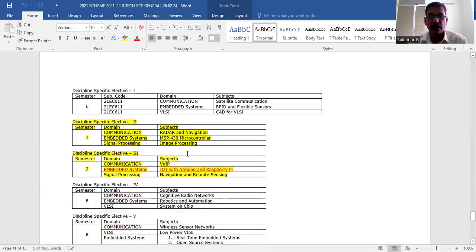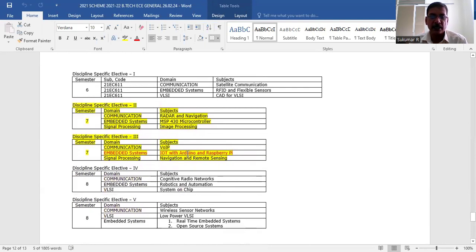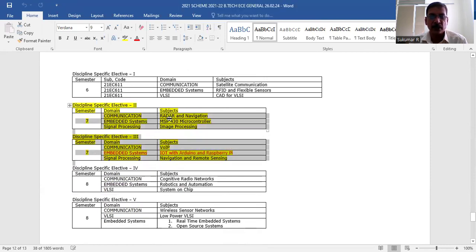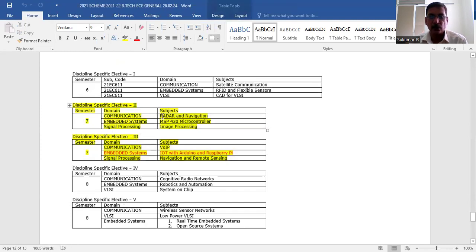Now we will move on to the discipline specific elective. You can see for the 7th semester, you have the two discipline specific electives, and we have divided these electives into different domains, namely communication, embedded systems, and signal processing. And under each of these domains, we have listed some courses.